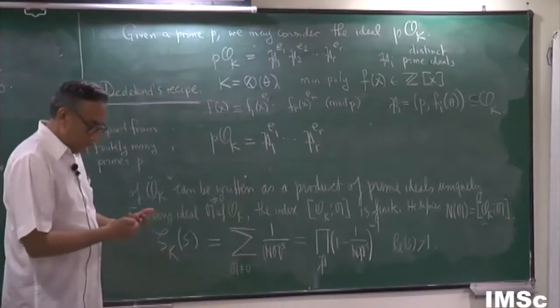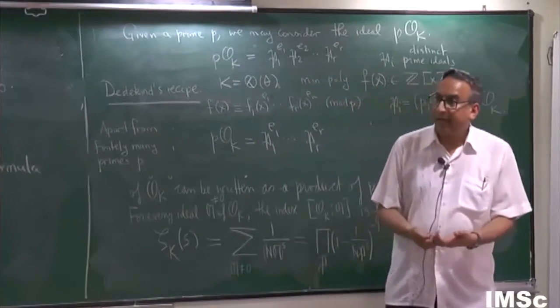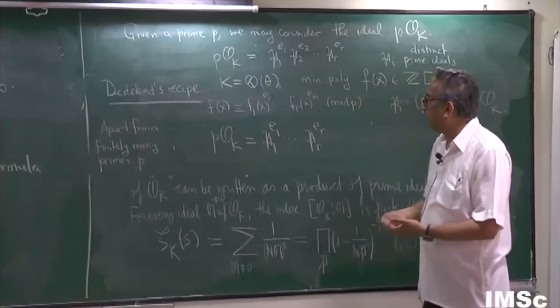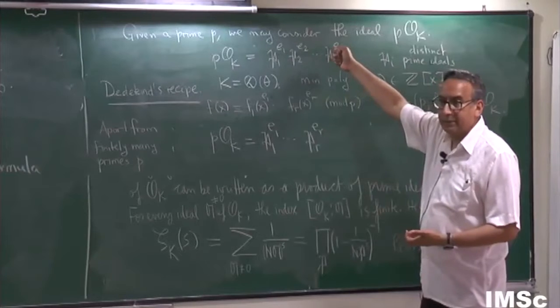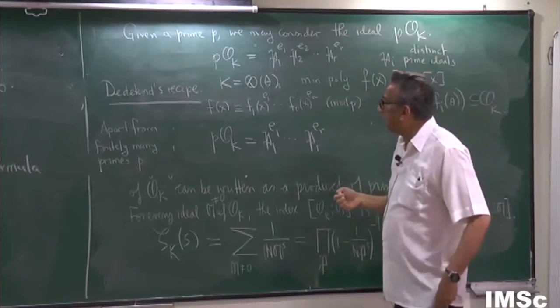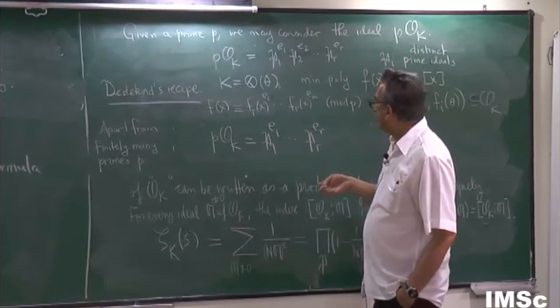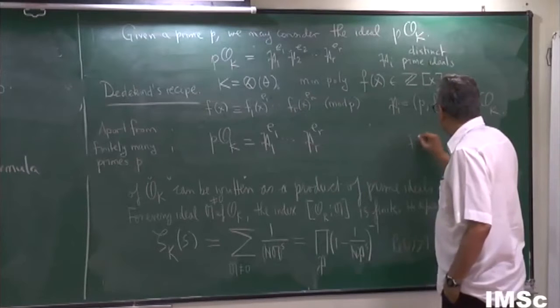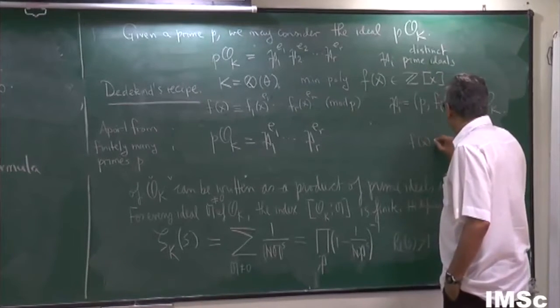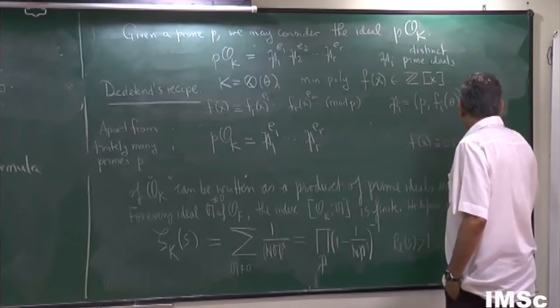So who would have guessed it? Factoring a polynomial mod p is really factoring ideals in some number field like this. So now you can see immediately what it means for us to be able to solve the congruence mod p.